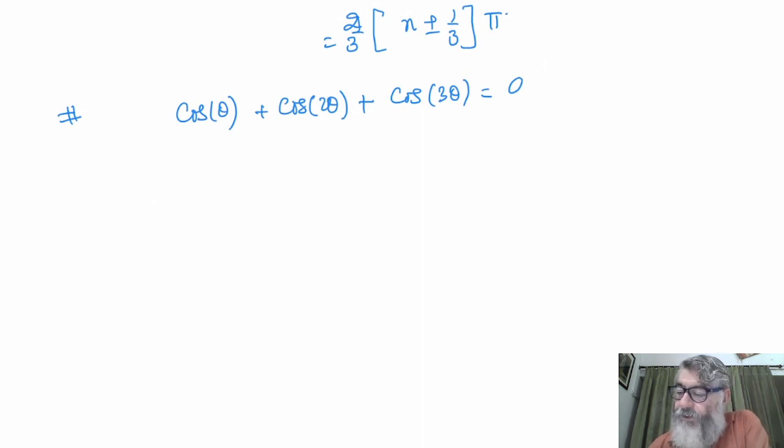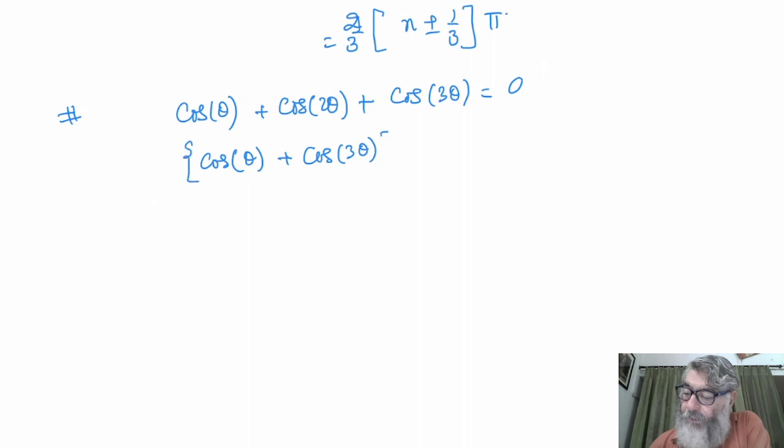I'll choose cos theta plus cos 3 theta. I don't want anything in the denominator, so I will make the combination of cos theta, cos 3 theta, and plus cos 2 theta is equal to 0.